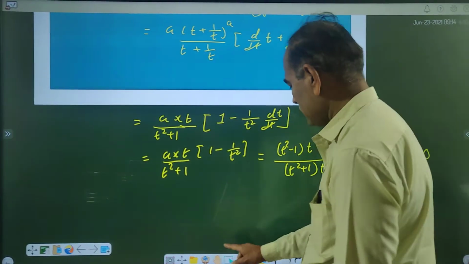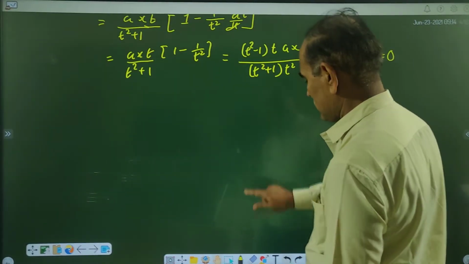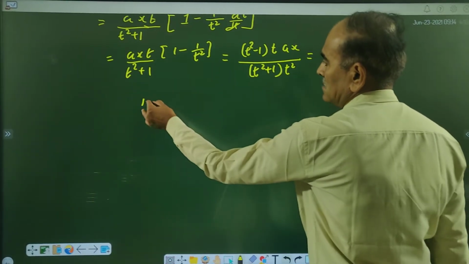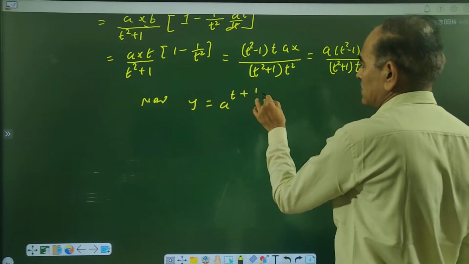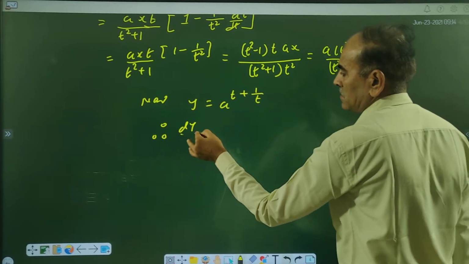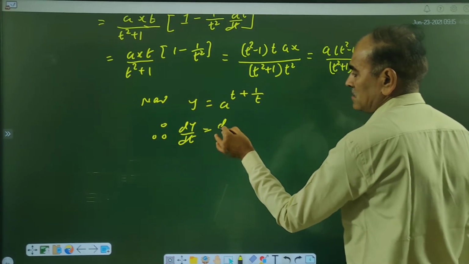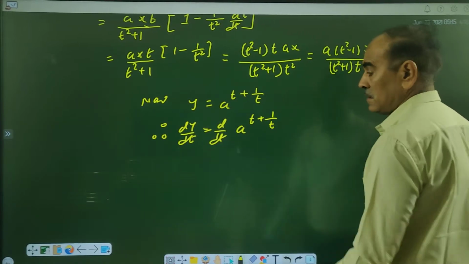What is y? y is equal to a raised to t plus 1 by t. So differentiate with respect to t on both sides. dy by dt is equal to d by dt of a raised to t plus 1 by t.